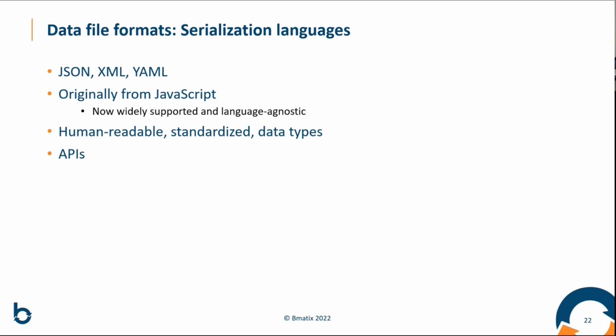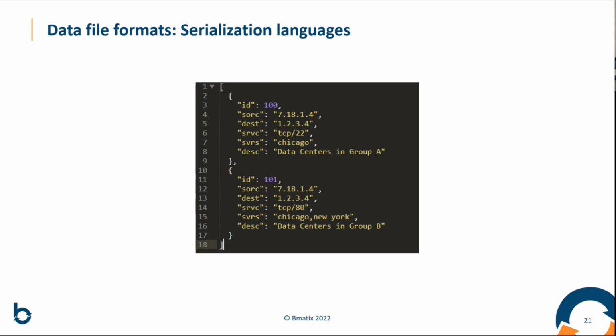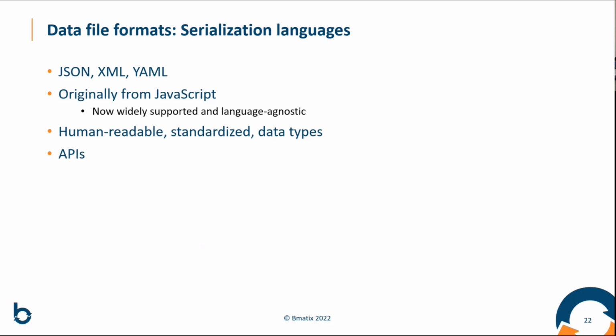Other examples are XML, which was used frequently in the past, and YAML, which is also a serialization language and is more human readable than JSON. Although I think if you know what to look for in a JSON file, as you can see here, it's still quite readable.